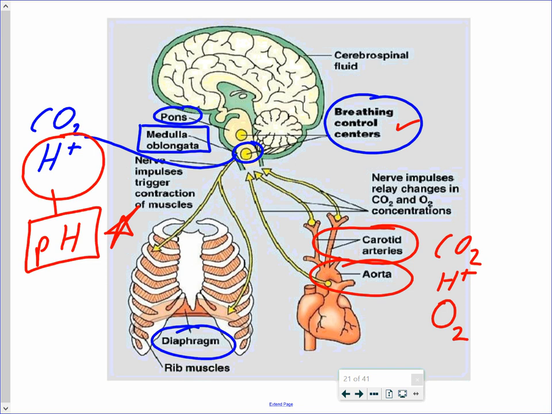Now, we did already see that carbon dioxide is converted into, or carried in the form of, carbonic acid, which is eventually converted into bicarbonate, and in turn, this is produced. So the more carbon dioxide in your body, the more protons, that will result in a decrease in pH, and that's the sort of thing that will increase the contraction of the diaphragm fairly quickly in order for you to get rid of that carbon dioxide and bring the pH back up again to more neutral values.